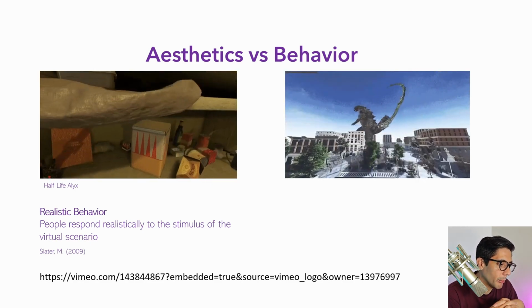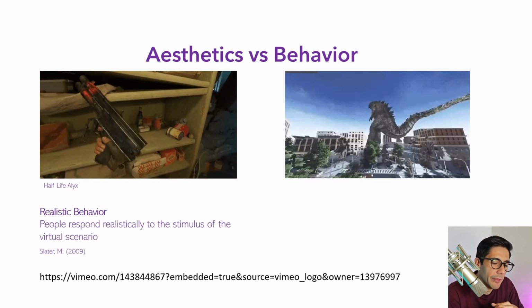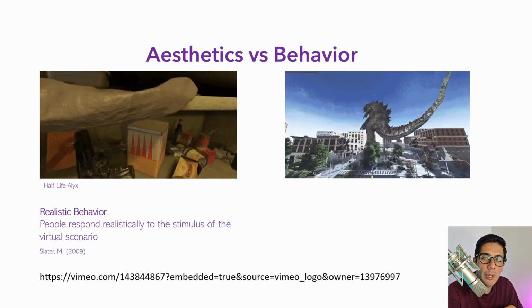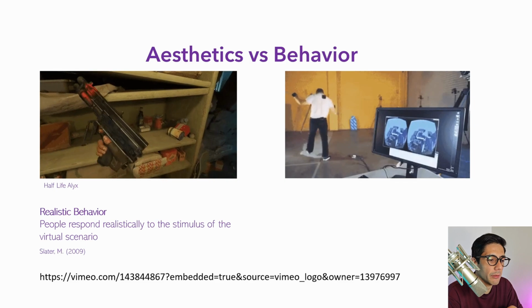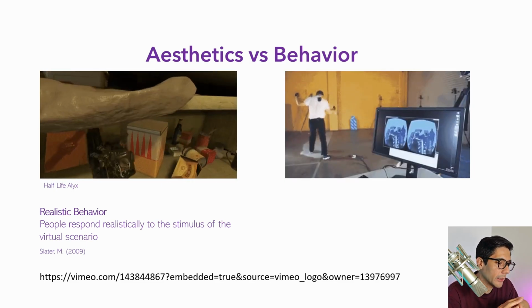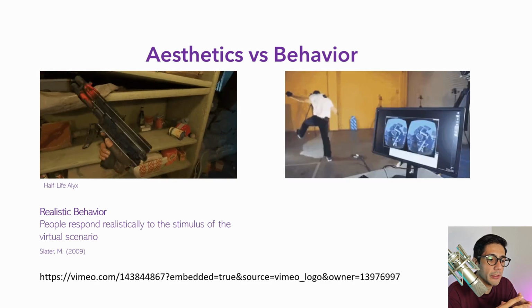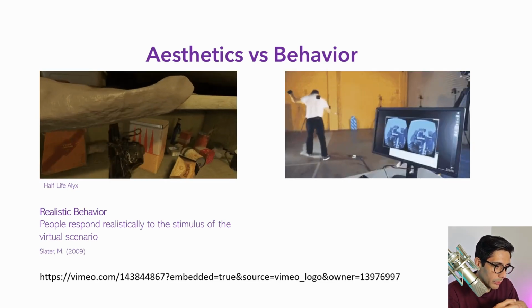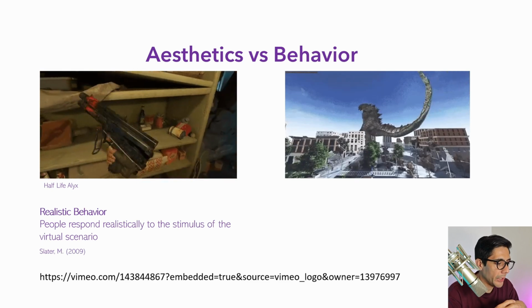I also use this example. On the left, we have Half-Life: Alyx, right, which is a super high level hyper realism environment with everything interactable, where you can load a cartridge on the gun and you can touch everything, but you have to connect to the PC, right? Because the level of rendering is very high.